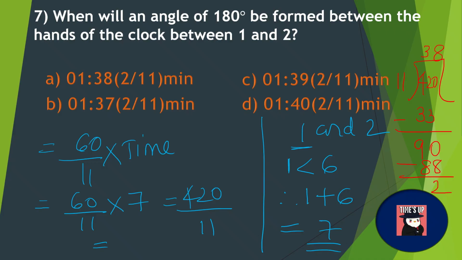The first time hour is 1 hour. For the minutes, first the quotient will come, that is 38. Then the remainder 2 divided by the divisor, that is 11. So this will be your answer. Which is the correct answer here? A is the correct option.